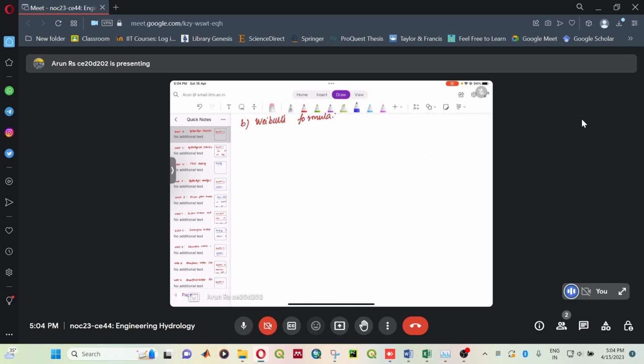So the first step is we need to arrange the given rainfall in the descending order. Arrange the events in descending order.